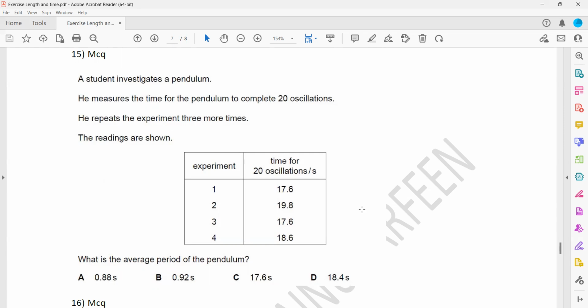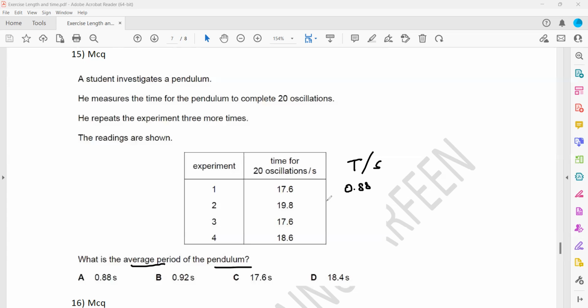This is the average period of the pendulum. This is the time for 20 oscillations. First, we'll find the time period, the time for one oscillation. So this 17.6 is the time for 20 oscillations. We find the time for one oscillation: 17.6 divided by 20 equals 0.88.